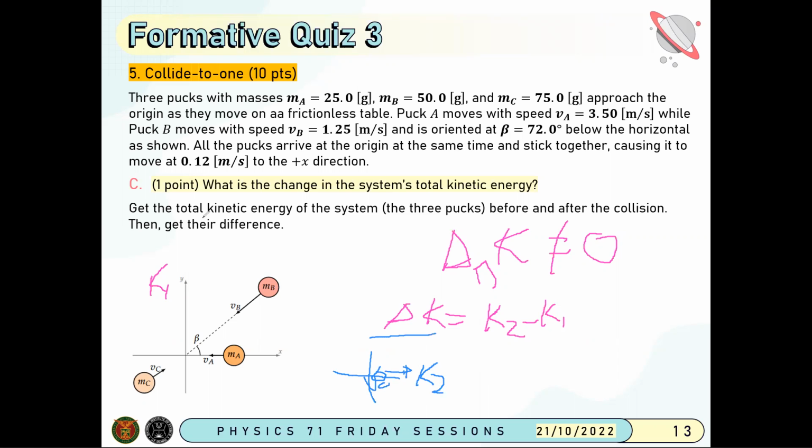So yun, you will get the total kinetic energy before and after collision. So before collision, may kinetic energy si A, may kinetic energy si B, may kinetic energy si C. Ganon din sa after. Pero dapat, since nag-stick together, ano ngayon yung itsura nung final kinetic energy? Okay?